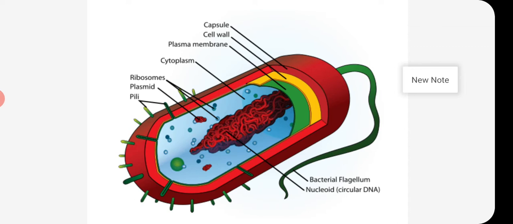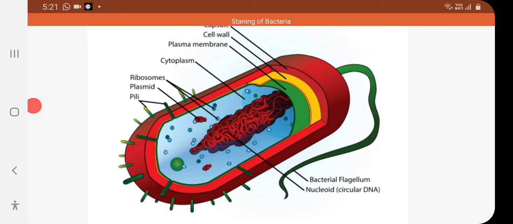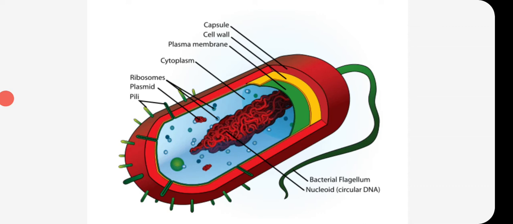So the lipid content is very low and the muramic acid content is more. This is the major difference. And in gram positive bacteria, teichoic acid is also there, whereas in gram negative bacteria, teichoic acid is not there. So these are the main differences.